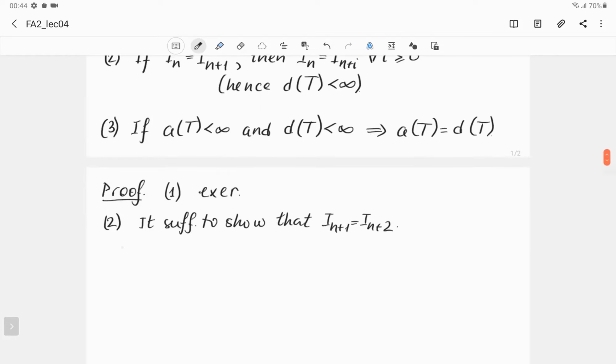Okay, so let x sit in R_(n+1). And we want to show that it sits in R_(n+2). So we can write x in the following form. x is T to the power n+1 of y for some element y in our space. We write it in the following way: T applied to T^n of y.